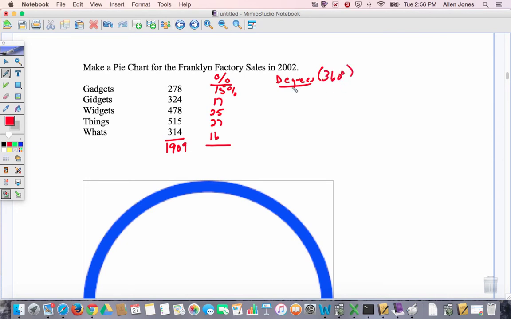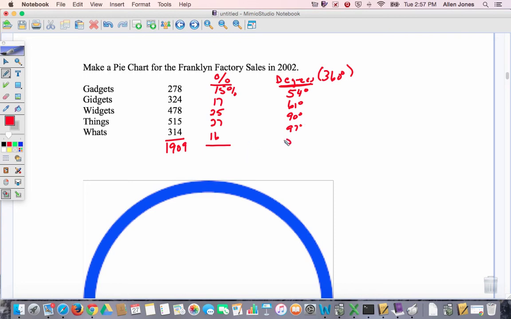From here, to get our degrees, I'm going to multiply each of my percentages by 360 degrees so I can have an angle to put into our circle down here. So I have about 54 degrees here, 15% of 360. 17% of 360 is about 61 degrees. 25% of 360 is 90 degrees. 27% of 360 is about 97 degrees.